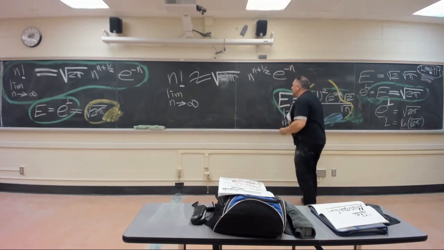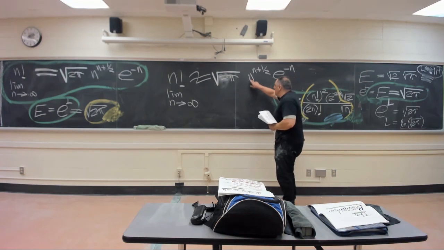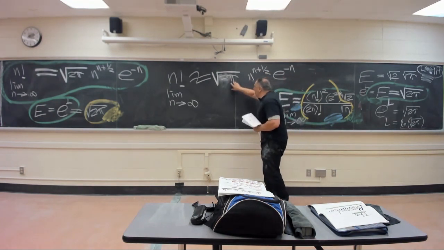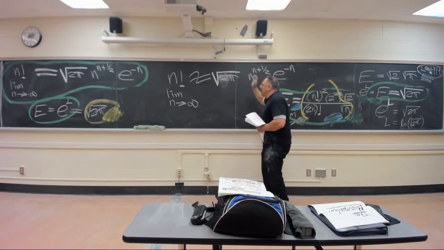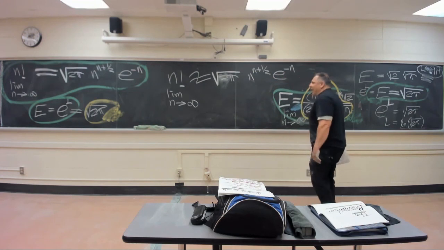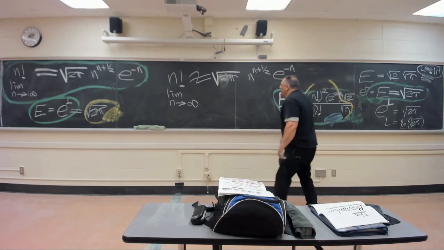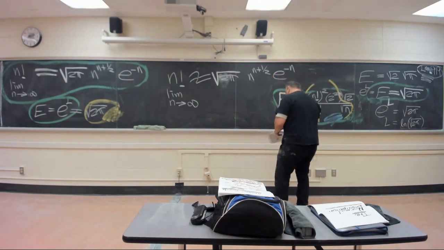They also take the n to the 1/2, the square root of n, and put n underneath the square root symbol, and they go 2 pi n. But I think it aesthetically looks better this way. It's equal to that in the limit.